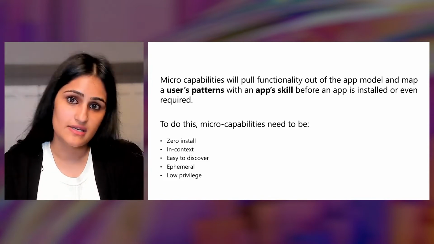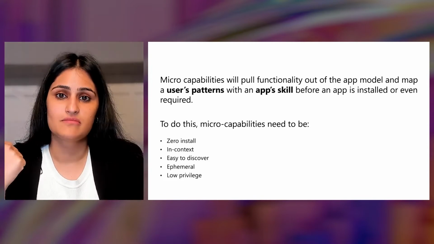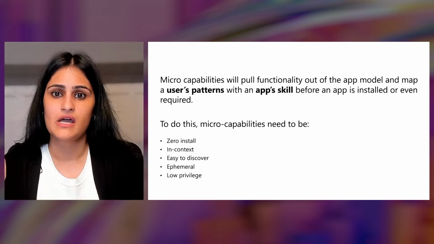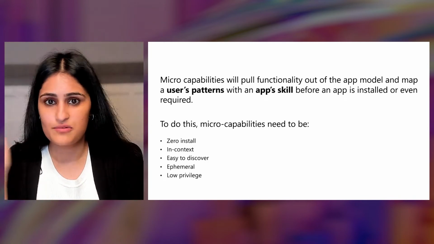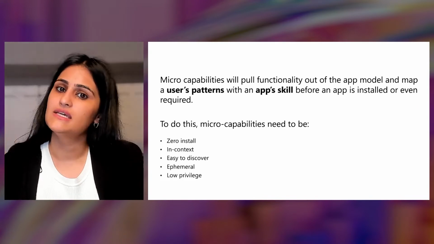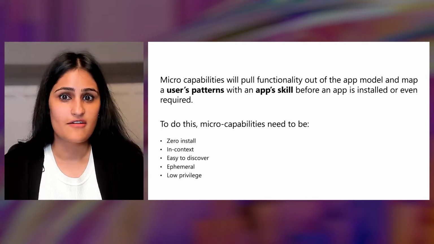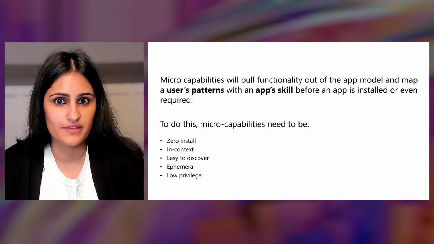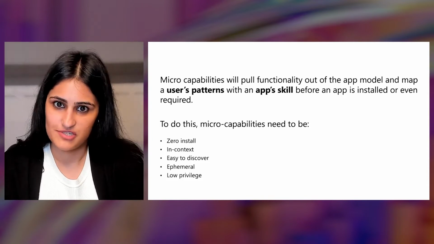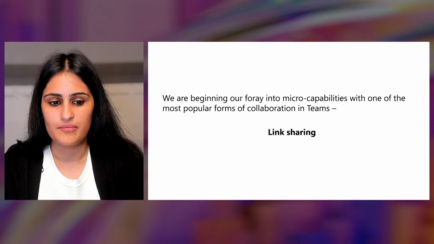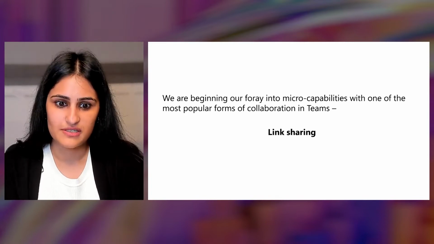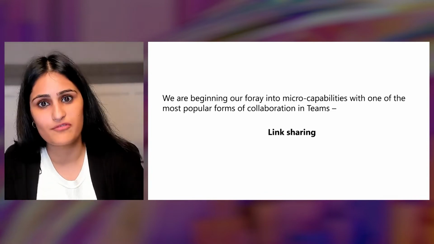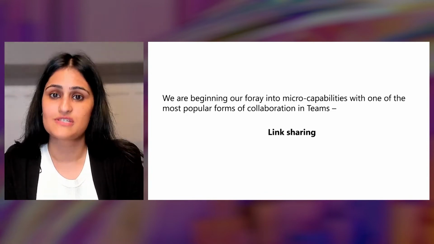So then, in essence, microcapabilities need to be zero install for the user, so zero friction, in context where the user is at in their workflow, easy to discover for them, ephemeral, and then again, low privilege to ensure that our IT partners are trusting these apps. And then naturally, we're beginning our foray into microcapabilities with one of the most popular forms of collaboration in Teams, which is link sharing.